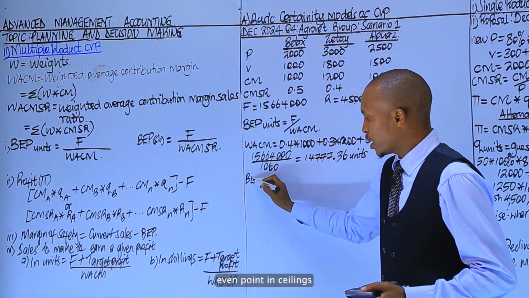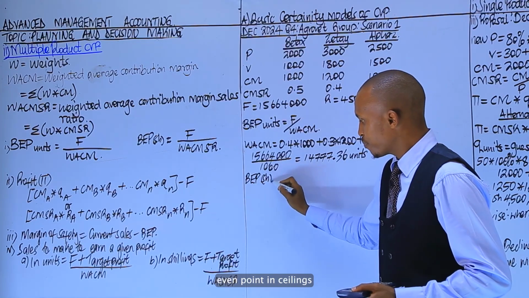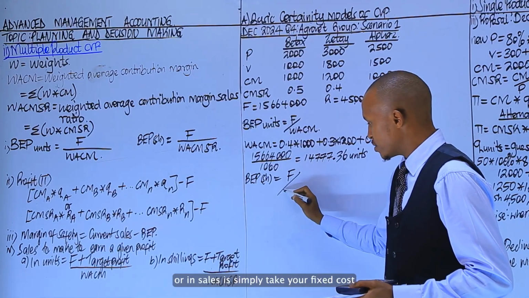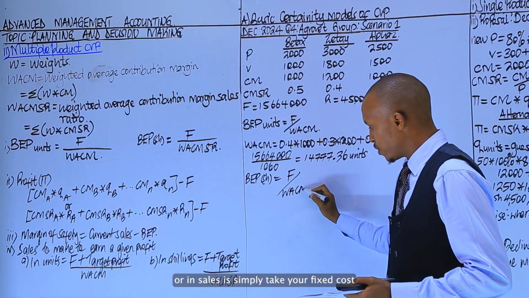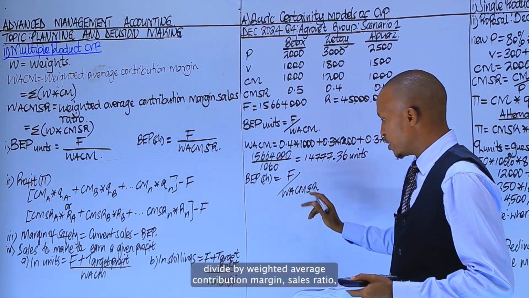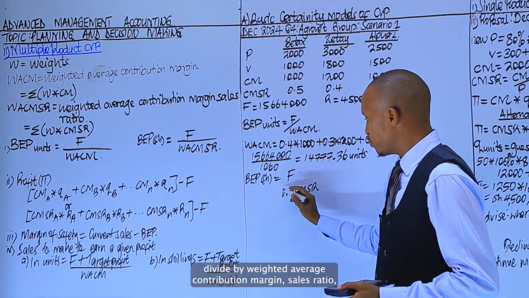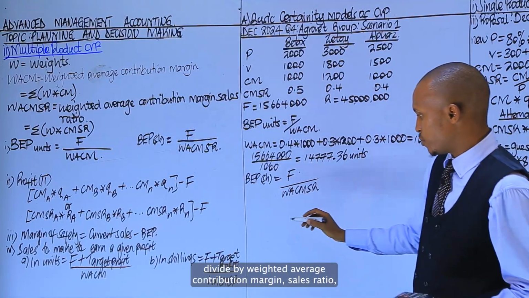To determine your break-even point in shillings or in sales, you simply take your fixed cost, divide by the weighted average contribution margin sales ratio.